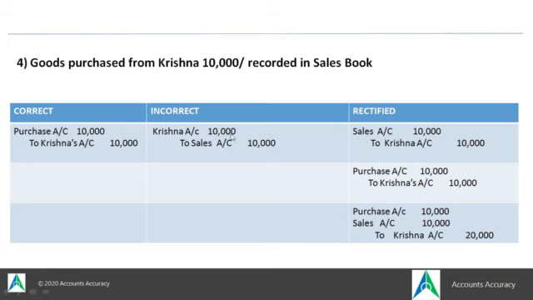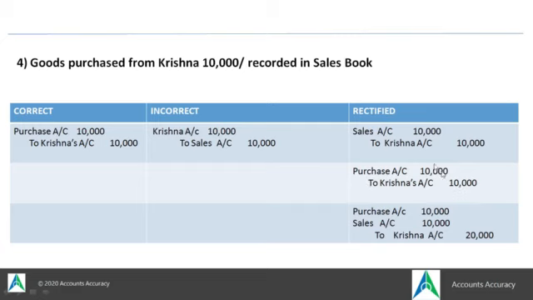This cancellation will be done. Krishna will be cancelled by making it credit and sales will get cancelled by making that debit. So now this wrong entry will be cancelled by the reverse entry. The correct entry hasn't been passed at all, so you need to pass it once again, that is purchase account to Krishna account 10,000.